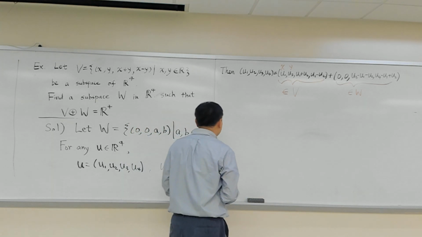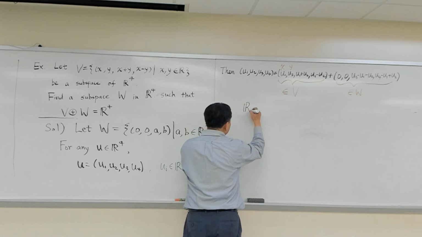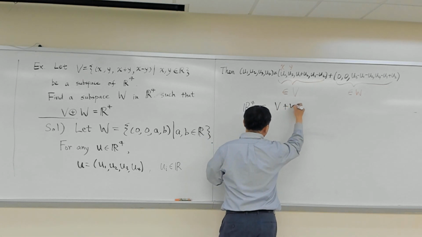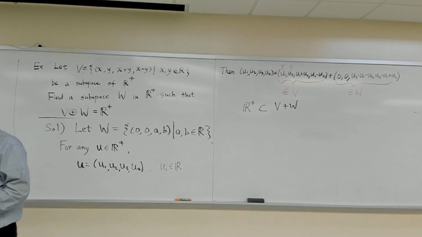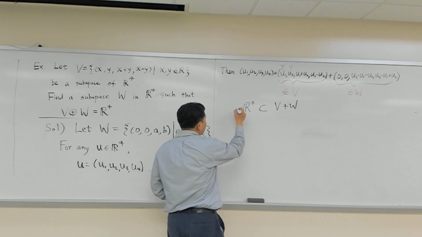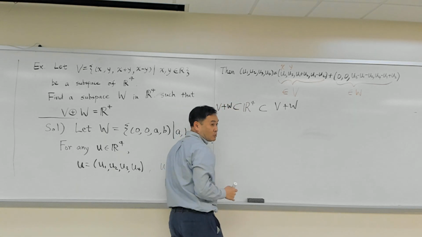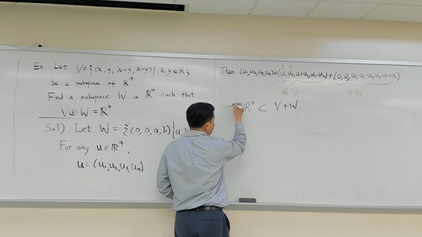We just proved that R4 is indeed a subset of V plus W. But V and W are subsets, so we know this is true, right?